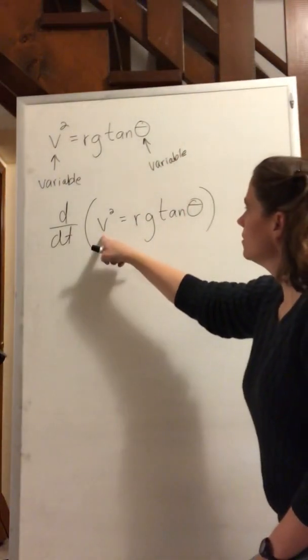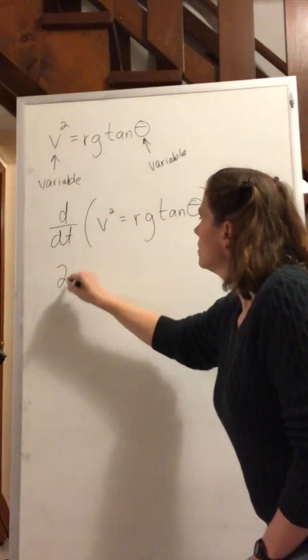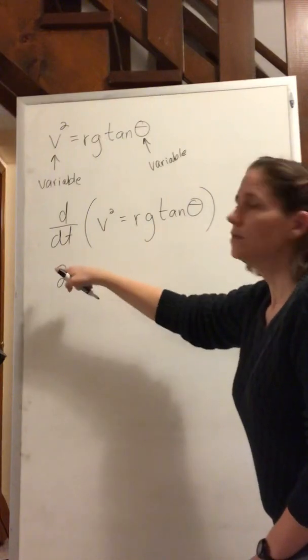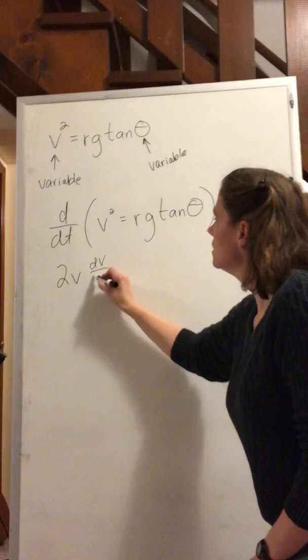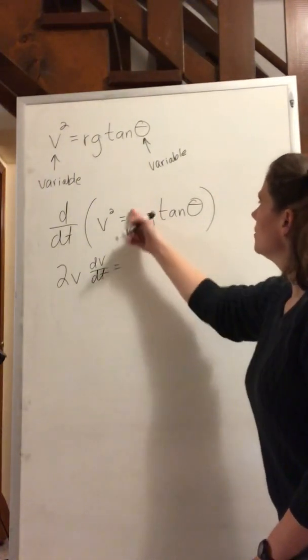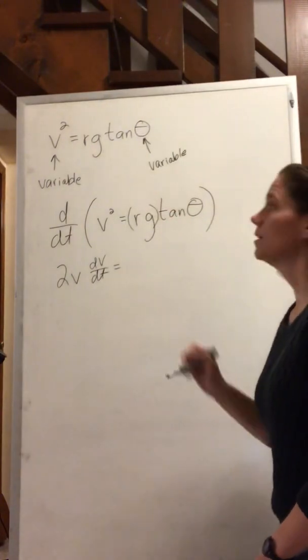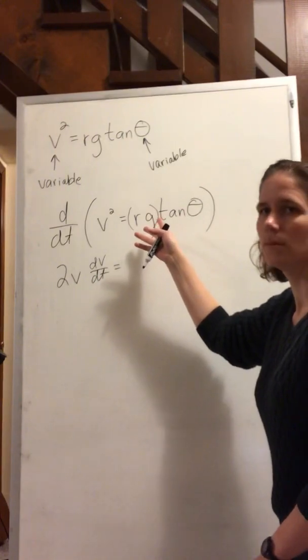This is a variable, so when I take the derivative, this will be 2v, the derivative of the outside function, times dv over dt, and that is going to equal this part, which remember is constant. I'm going to put parentheses around that just so we can think about that as a constant. A constant number times a constant number is just going to give us a constant number.